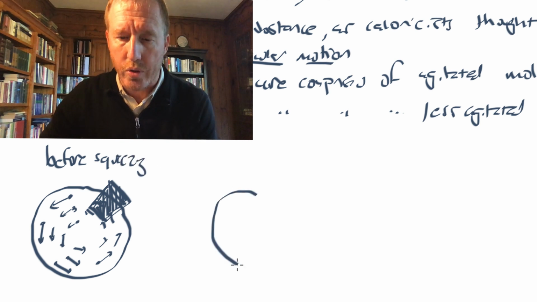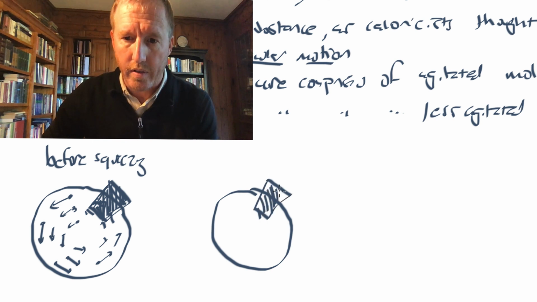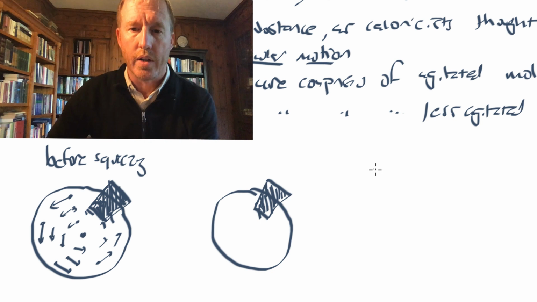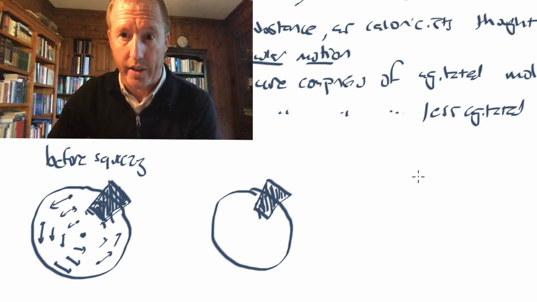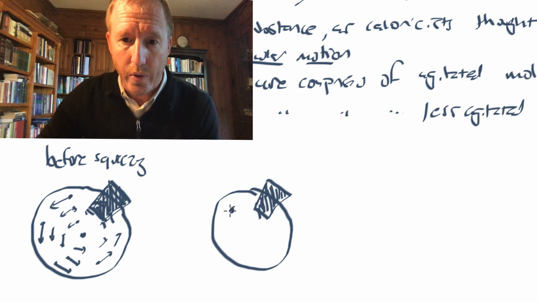And after we squeeze it, what happens is that the wheel is no longer rotating. These atoms are not spinning around this single axis in the middle anymore. Does that mean they've lost all of their kinetic energy? They've lost all of their speed? Well, no. According to the kinetic theory of heat, now those atoms, while not moving in an orderly way, now they're vibrating around within the wheel in a very disorderly fashion. So that's what I'm drawing.